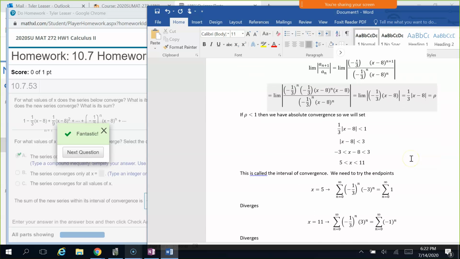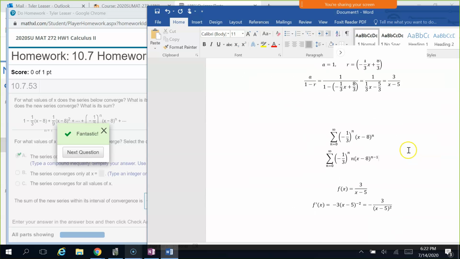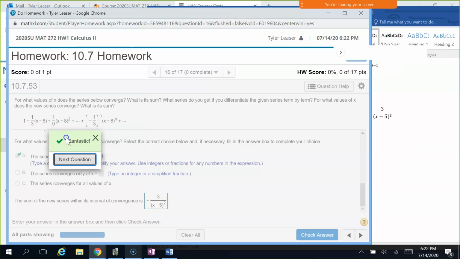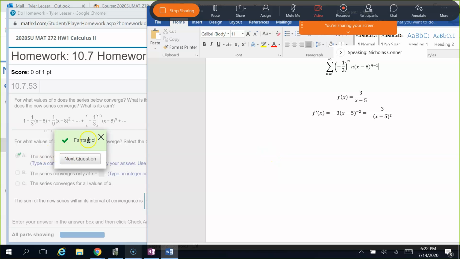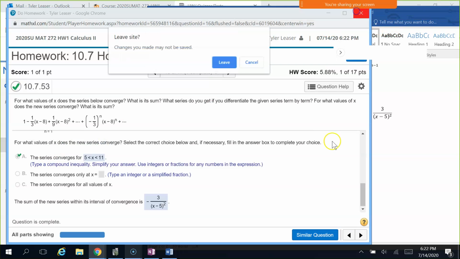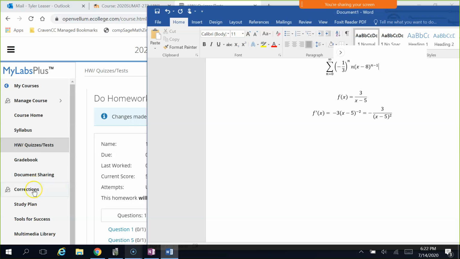Okay, I don't usually mean to take 20 minutes on one question, but I try to explain that one in detail. Does that help with your question, Nicholas? Awesome. Does anybody else have any other homework questions that you want to look at? Anything from chapter 10?